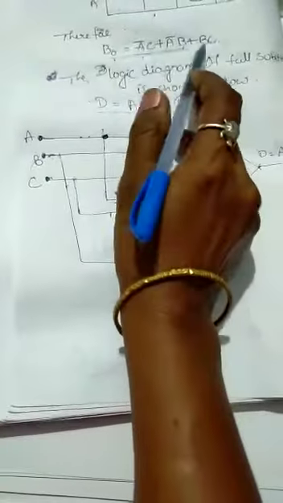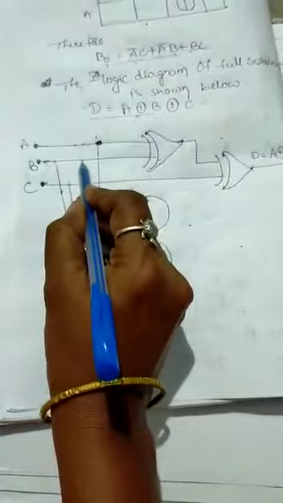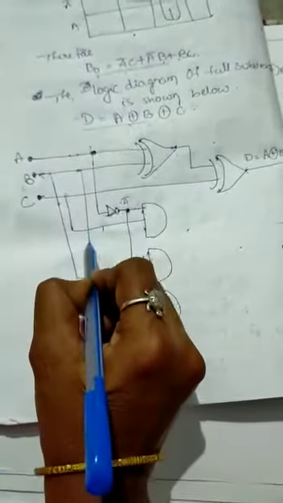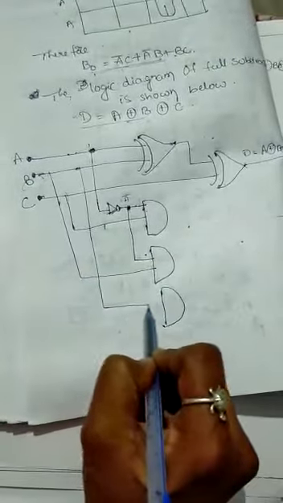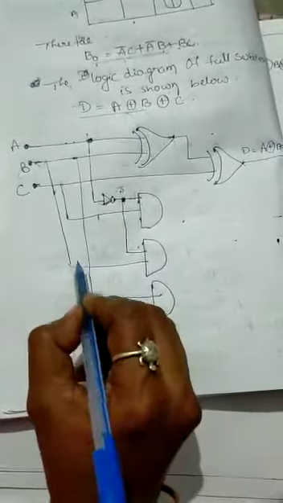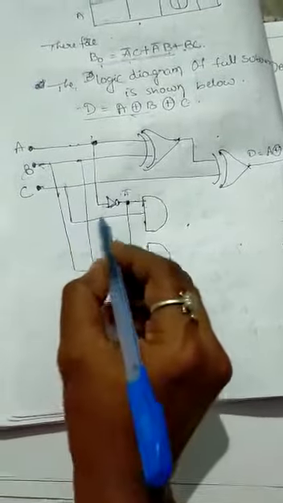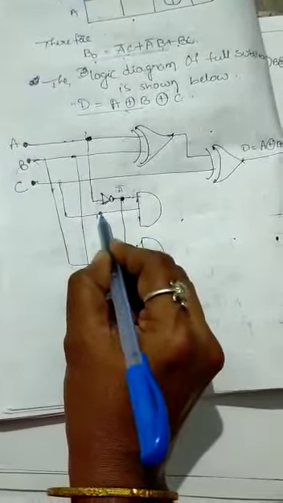Again BC: B, and C we can also use from here, we can connect this, it is the easy one.